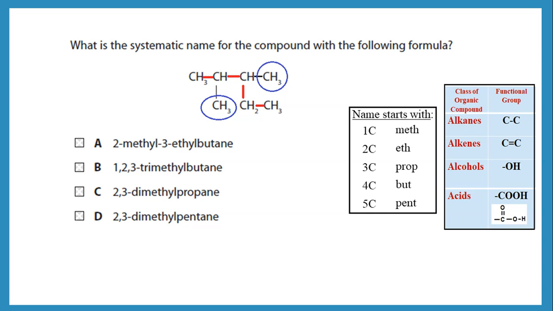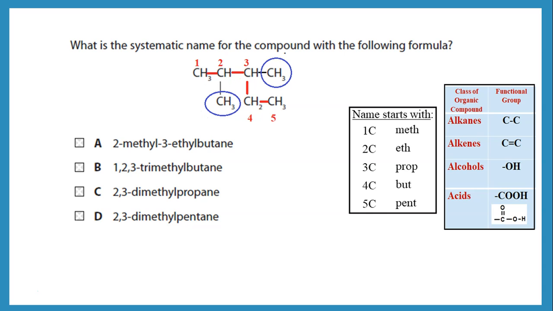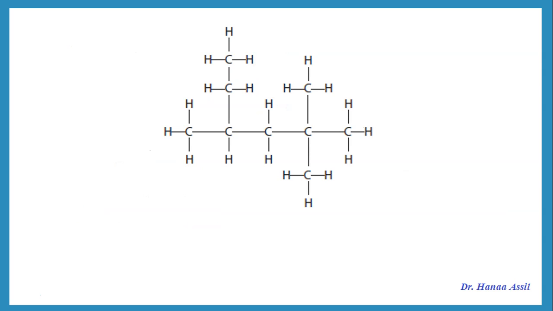Now we start numbering from the side that will give the lower number for the substituent. So these 2 methyl groups, one of them is on carbon number 2 and the other is on carbon number 3. So this is 2,3-dimethylpentane.